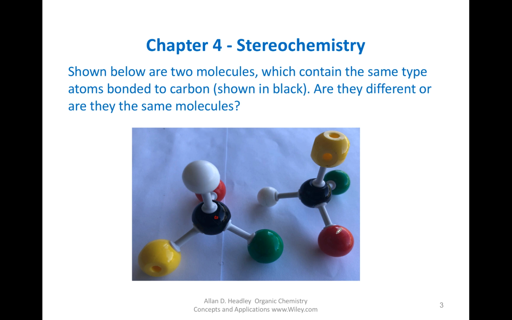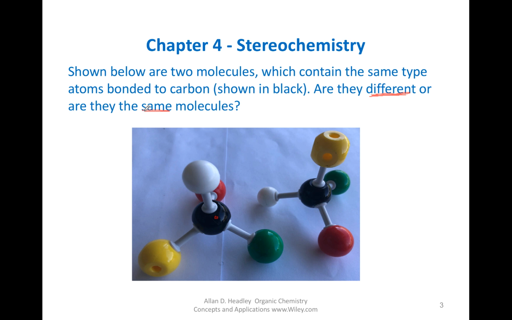So it has the same atomic weight, it has the same number of groups bonded to the carbon. The question now is, are these 2 molecules the same, or are they different isomers? Isomers is a better term. So are they the same, or are they different isomers?